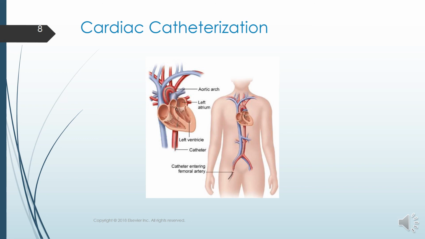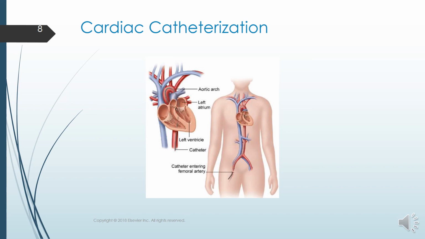The aorta. You would go all the way up into the aorta. Well, why would you do that? It's because the coronary arteries branch off of the aorta right after that aortic valve.